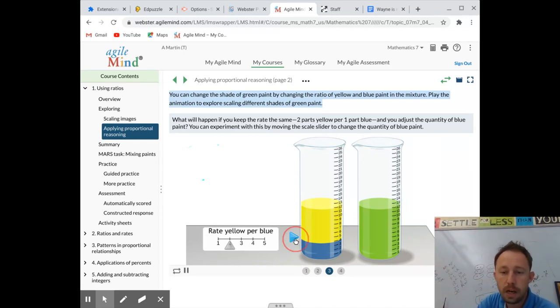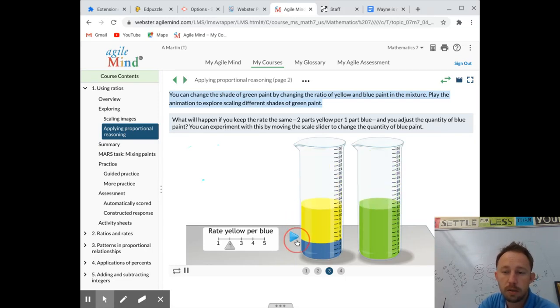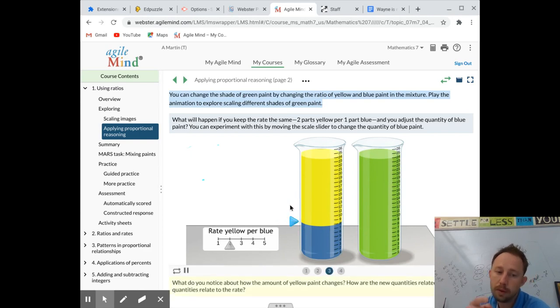So if we raise the amount up, is the color of the paint changing any? No, you just get more paint. That's right. We're just getting more paint because all we're doing is taking that same ratio and multiplying it by a scale factor so it keeps going up.